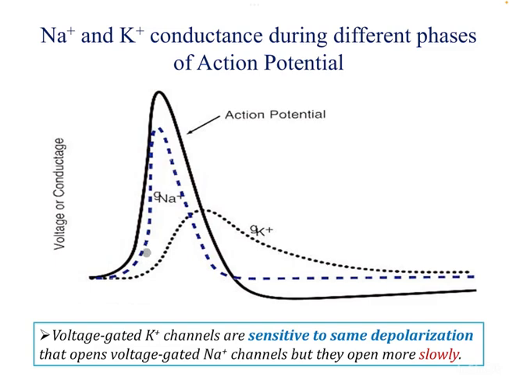During the depolarization phase there is a high conductance for sodium ions, and during the repolarization phase there is a decrease in conductance for sodium ions while an increase in conductance for potassium ions. Potassium conductance lasts for a longer period. This explains the nature of the voltage gated potassium channel, which is slow to open and slow to close. The voltage gated potassium channels are sensitive to the same depolarization that opens voltage gated sodium channels, but they open more slowly.